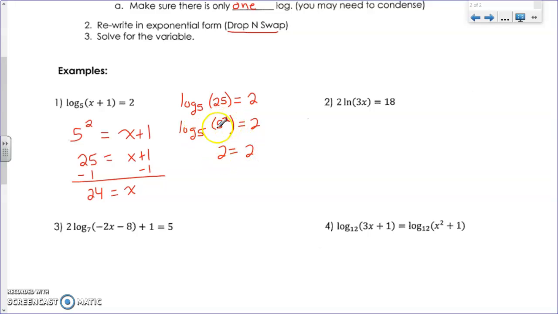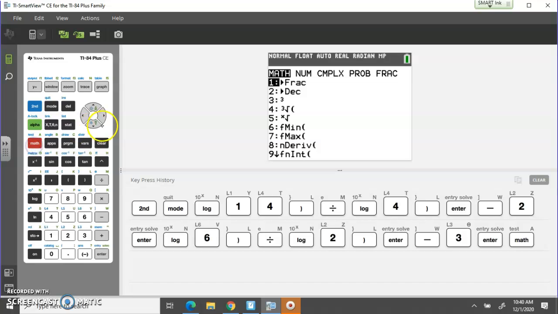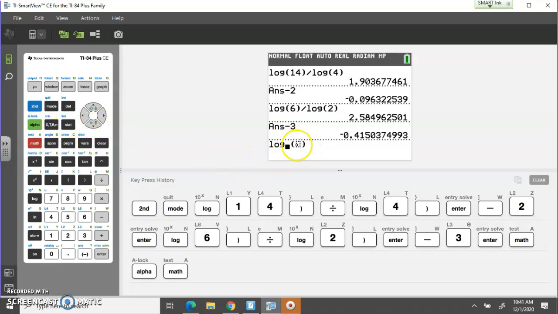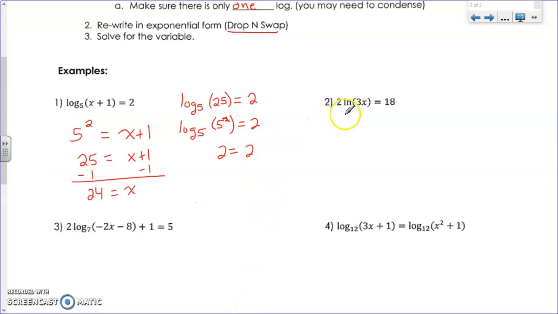You can also put it in your calculator using the base method. Hit math, then alpha A, which brings the log base up, or you can scroll down to A. If we put 5 in there and 25 in here, we get 2. So it checks out. Always check it.